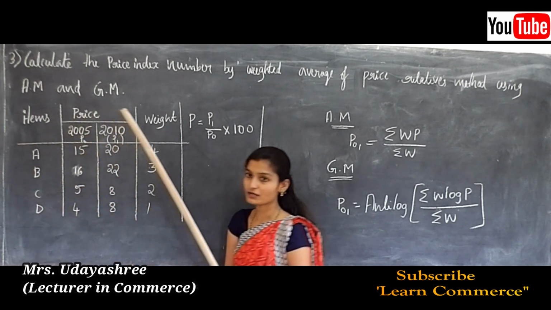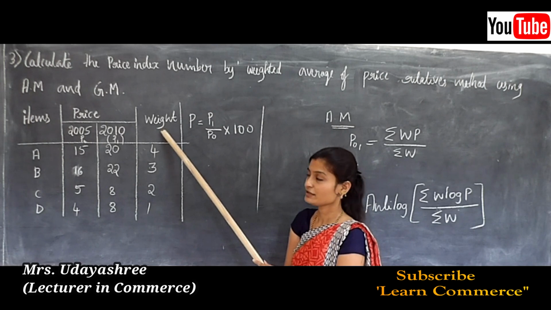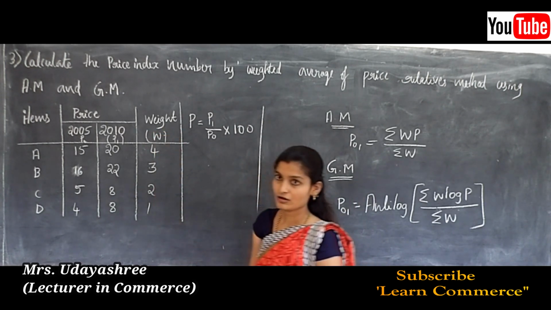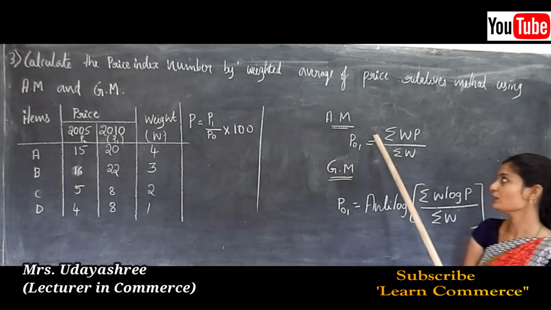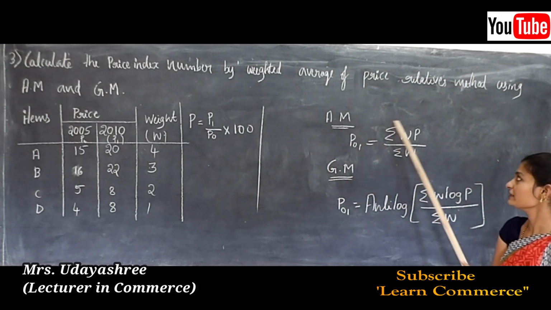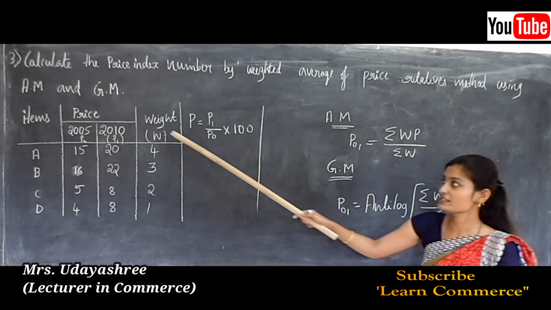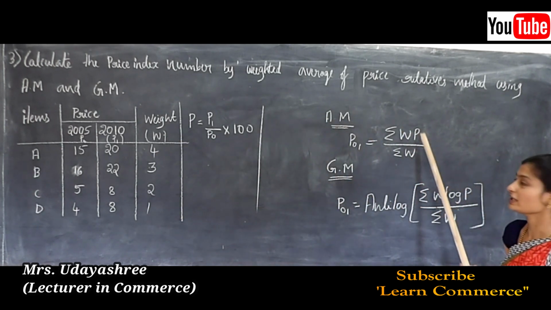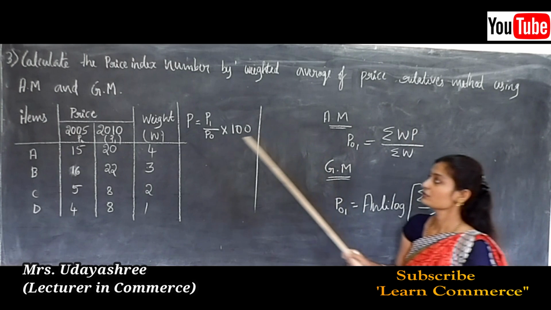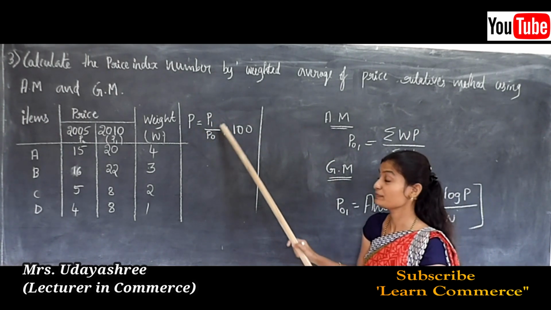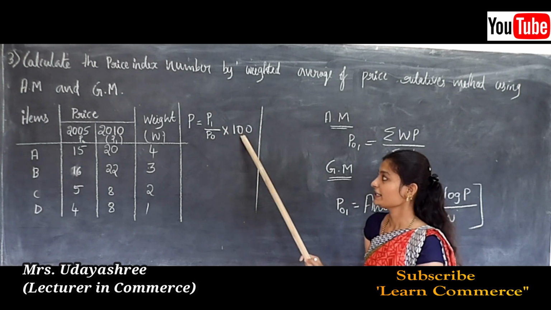Okay, here one more column is there, that is weight. Weight is denoted by W. Now to calculate arithmetic mean, we need W into P. Here W is there, so we need to calculate P. To calculate P, we use the formula P1 divided by P0 into 100.